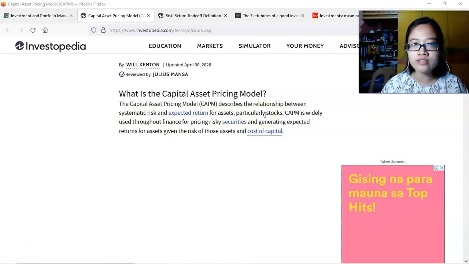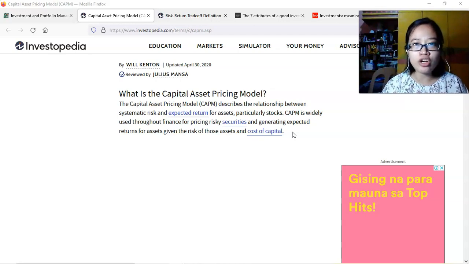So this one is applicable mainly for stocks, alright? Widely used throughout finance for pricing risky securities and generating expected returns for assets given the risk of those assets and cost of capital. So in a way, ito yung ginagamit nila para malaman kung yung isang particular investment ba ay currently overpriced, or is it fairly priced, or is it underpriced.